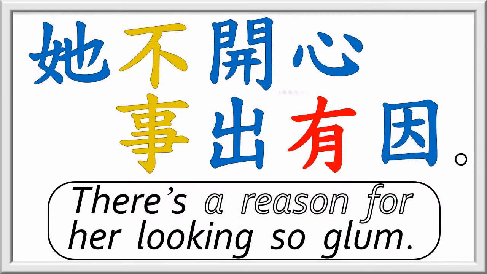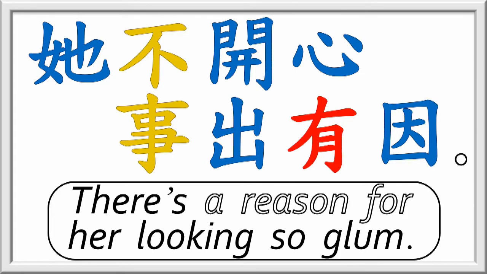And now we have some 成语, 4 character fixed idioms. The first one is 事出有因, literally, things that happen have a reason. 她不开心, 事出有因. She doesn't look too happy, and not without reason.